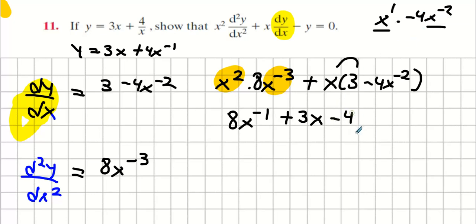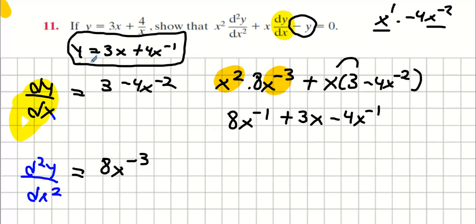Minus 4x^-1. What does this part say at the end? Y. What is y? Why is that there? Take it away. Minus 3x minus 4x^-1. And what happens? All cancels. Cancel, cancel. And then cancel, cancel, cancel. 0.